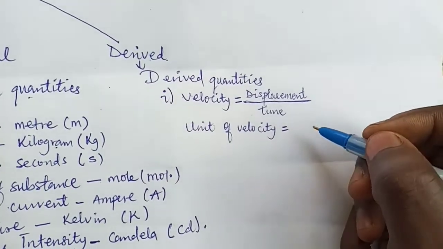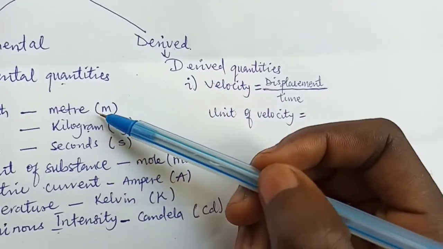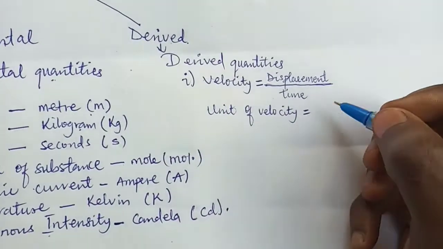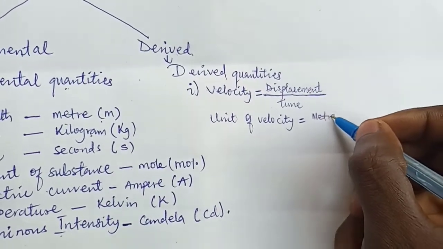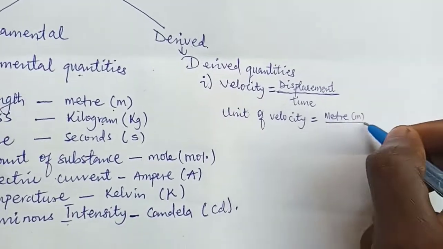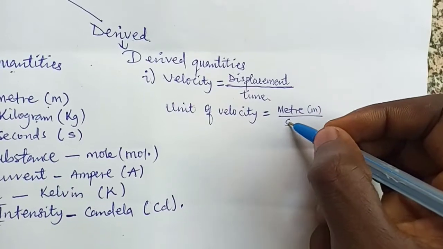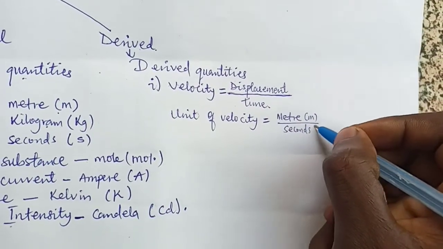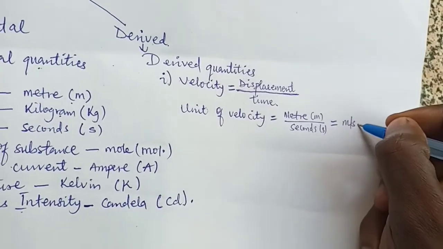Displacement is defined as distance covered in a specified direction. So since it is a distance, we know it is measured in meter. The unit will be meter, which is the small m, all over the unit of time, and the unit of time is seconds, which is s. Hence the unit of velocity is meter per second.